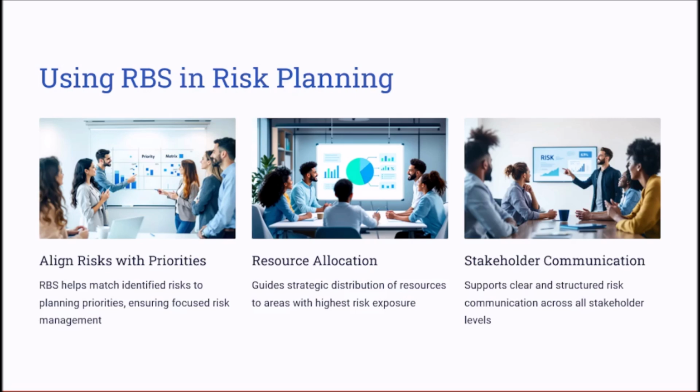For instance, if a specific technical risk is identified as critical, the team can allocate additional time and budget to mitigate it. The RBS also serves as a communication tool, helping project managers explain risk categories and priorities to stakeholders in a clear and organized manner. This transparency builds confidence in the project risk management approach and fosters stakeholder alignment.